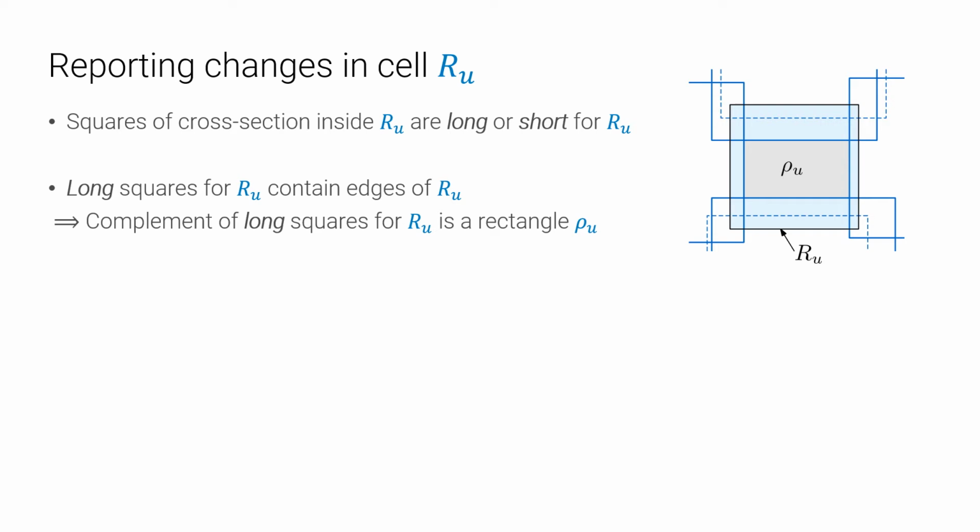So to report the changes within the quadricell RU, the first observation we make is that within the quadricell, the existing squares in the cross-section are all, of course, either long or short at RU.